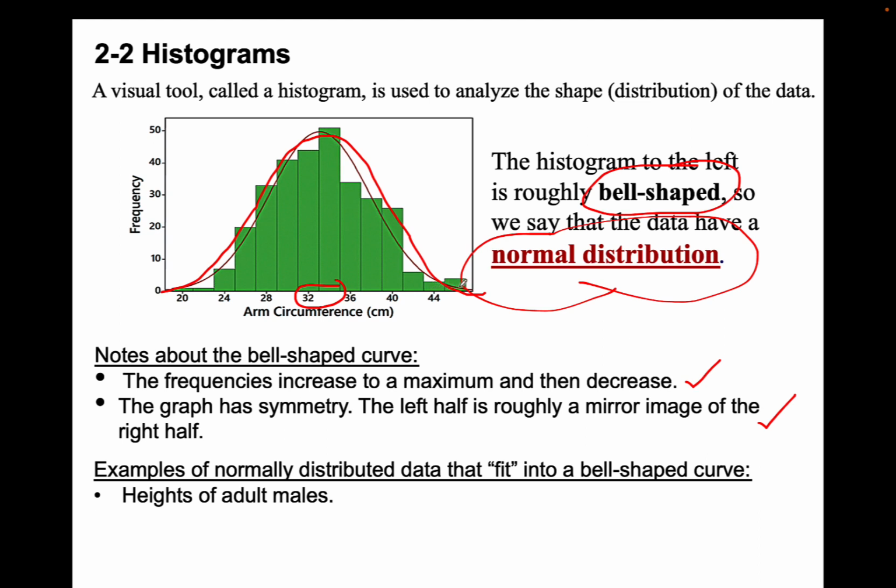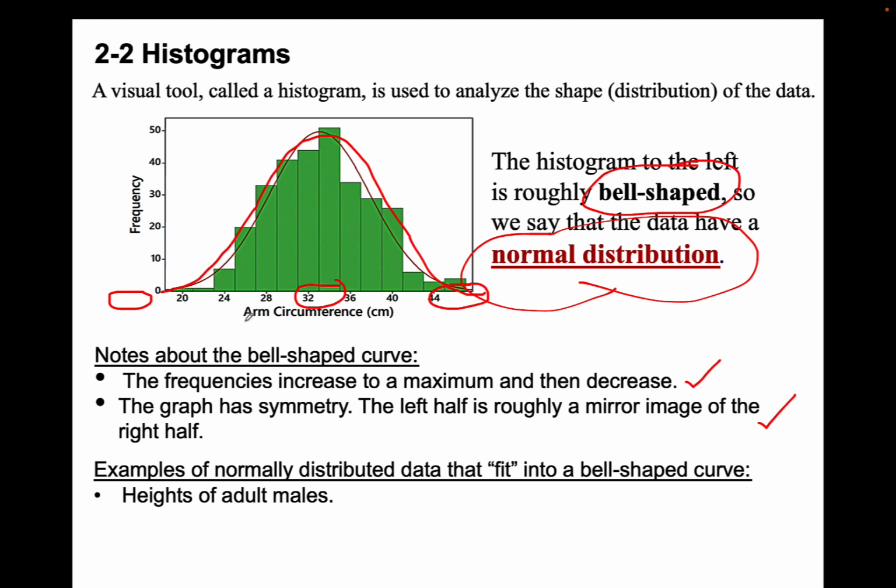As you get taller and taller, there are less of you, right? So maybe like some NBA basketball stars, they're up here, so it gets less and less. Or maybe in this direction, very, very short, there are less and less of those, okay? So we increase, majority of males' heights would fall in the center, and then we decrease.